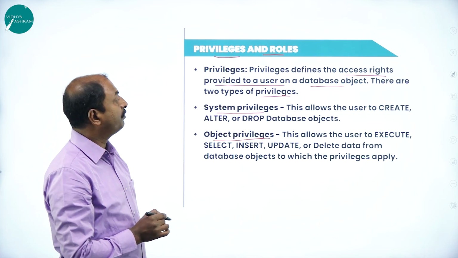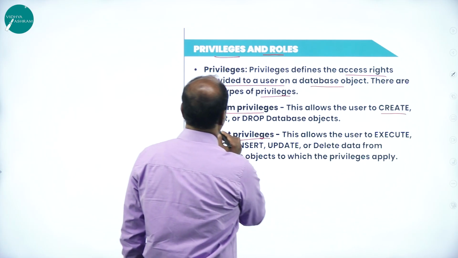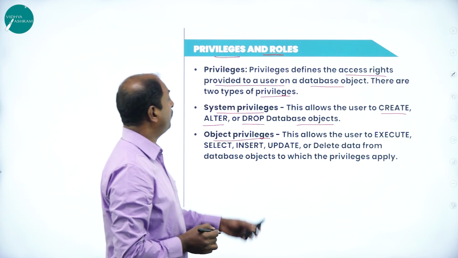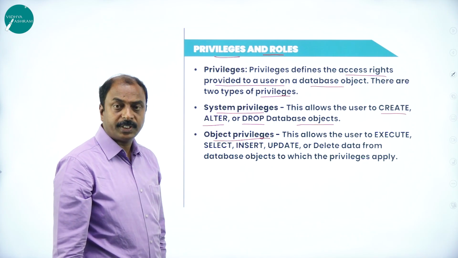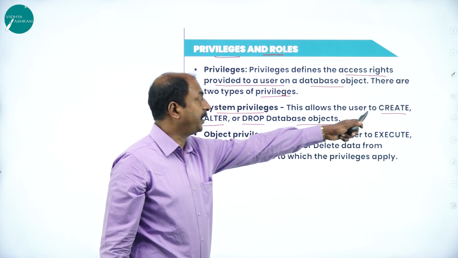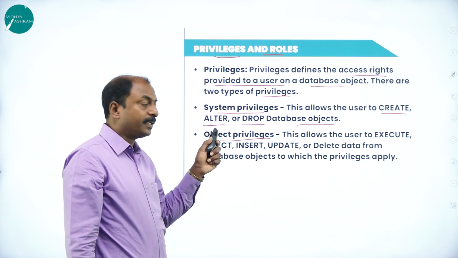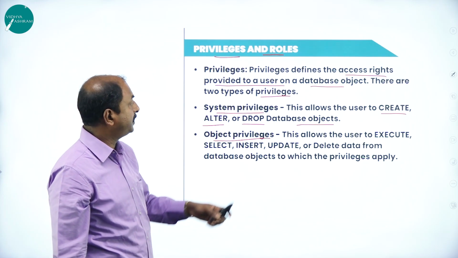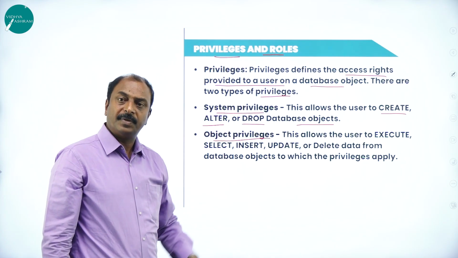What are system privileges? They allow the user to create, alter and drop database objects. With the help of system privileges, the user can create a table or database, alter, meaning modify the database, as well as drop the database, that is, delete the database. These are the commands that come under system privileges.